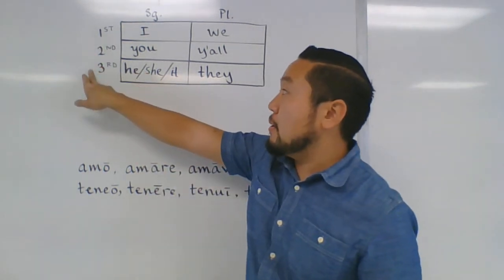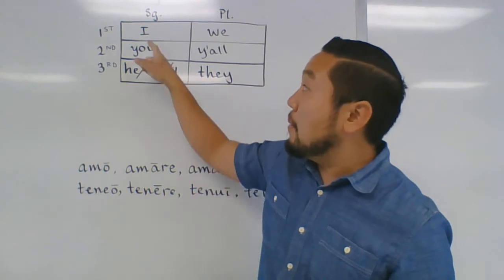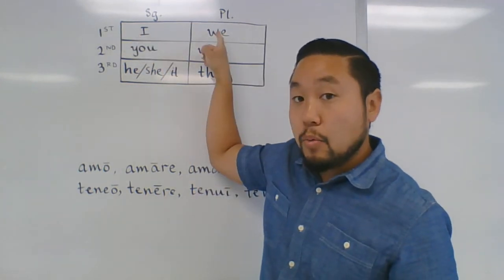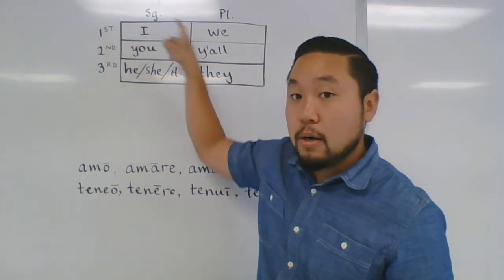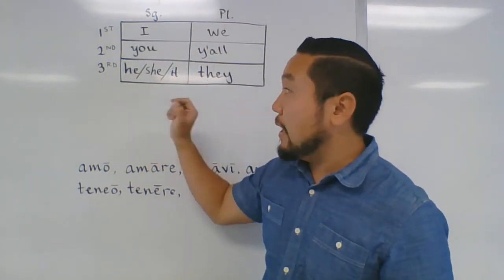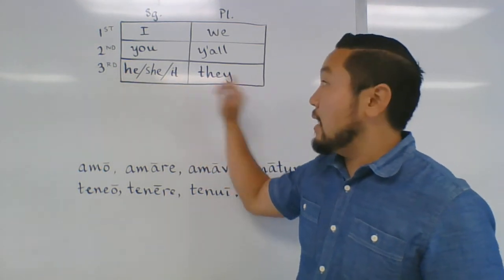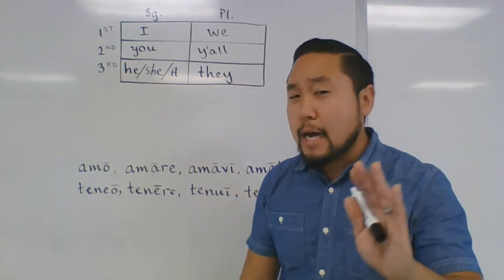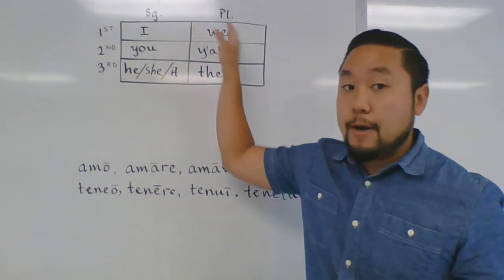First person, second person, and third person, singular and plural. First person pronouns are I in the singular, we in the plural. Second person pronouns are you in the singular, y'all in the plural. Finally, third person pronouns are he, she, or it in the singular and they in the plural. We'll learn the Latin ones in just a little bit, but just know person and number for now.